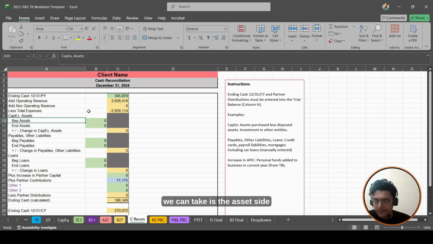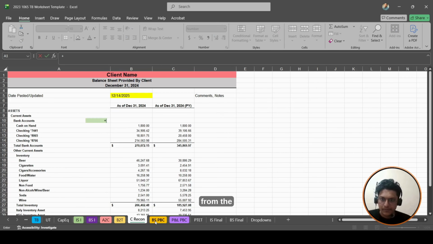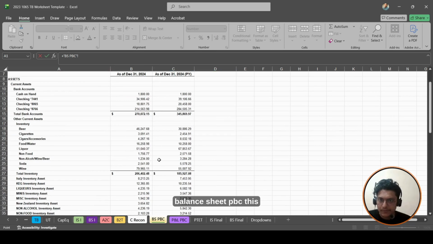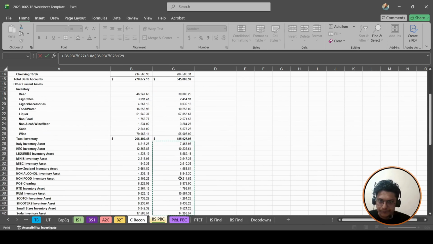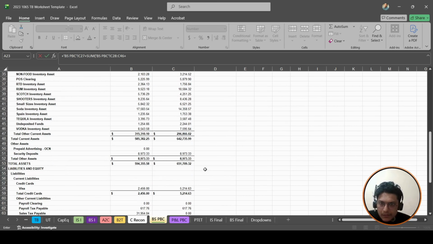What we can take is the asset side from the balance sheet PBC. This is the inventory plus this inventory. Anything else?